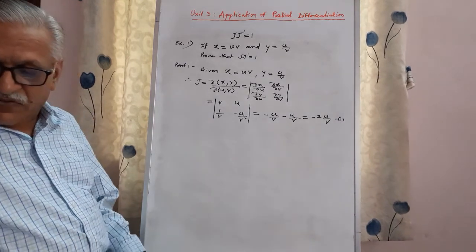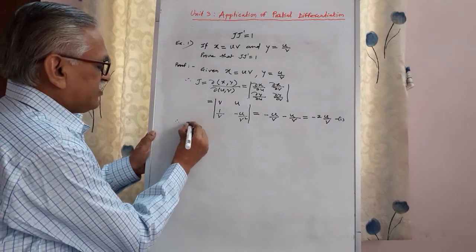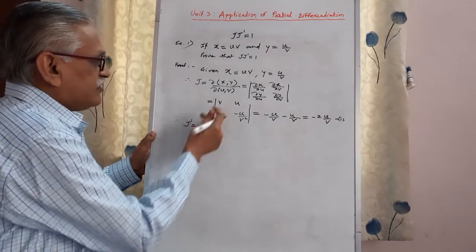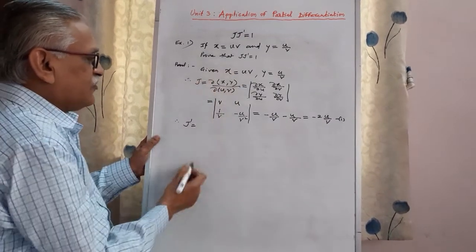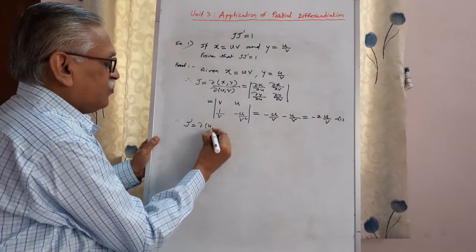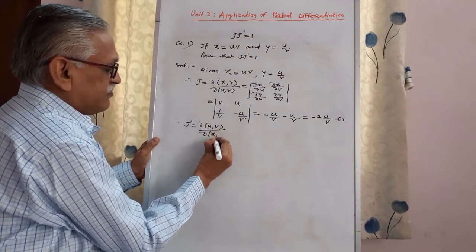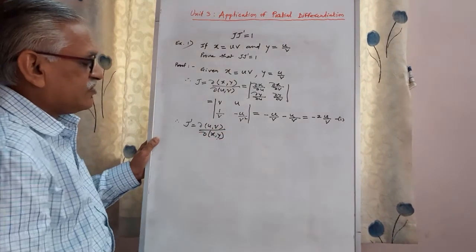Then we require to find J' as the reciprocal of this, and therefore its reciprocal is ∂(u,v)/∂(x,y).